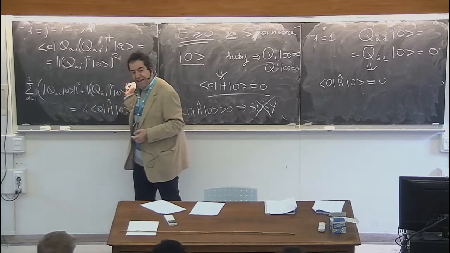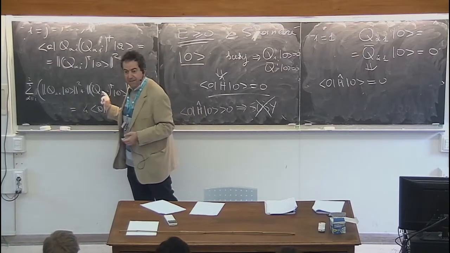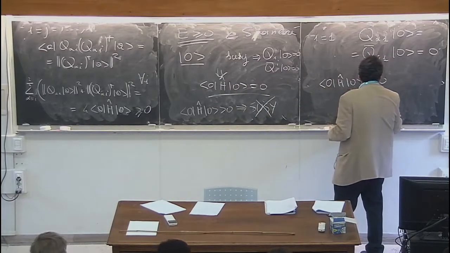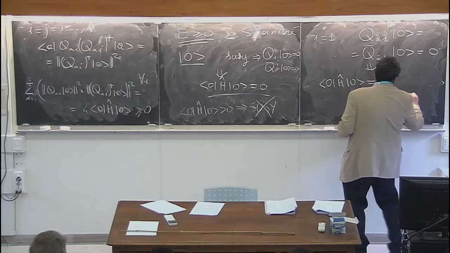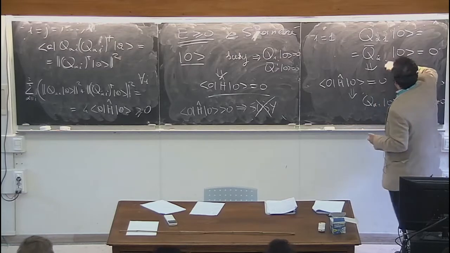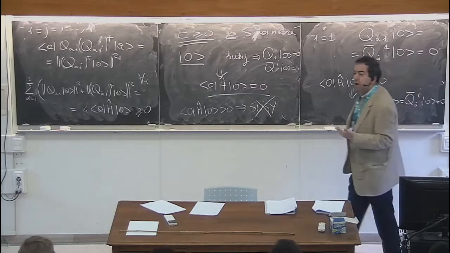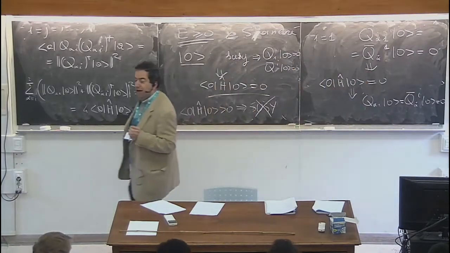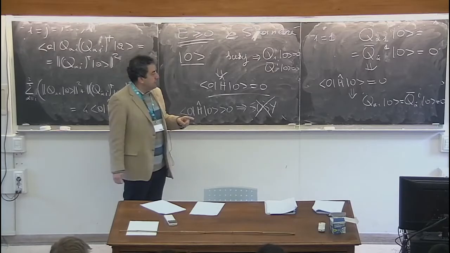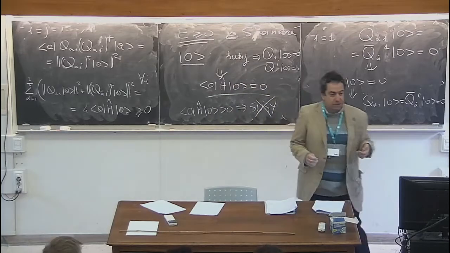And it has to be 0 for any I. If it is 0 for one I, it has to be 0 for any I. So this would imply that Q_alpha^I |0> be 0. So it seems that we cannot have a partial supersymmetry breaking. Either we break all supersymmetries, or none. Seems to be an obstruction in having a partial supersymmetry breaking.